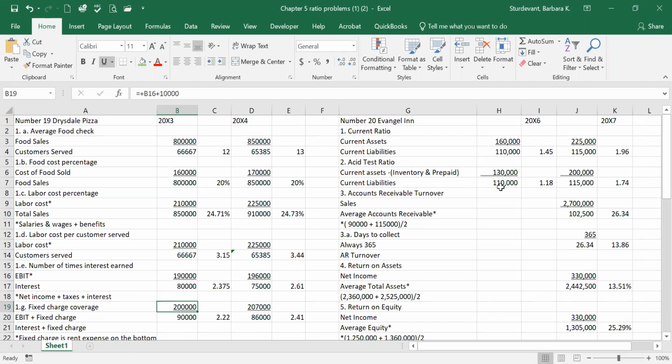So in this case for X6, you would be adding the cash of 20, marketable securities of 20, accounts receivable of 90. So that's where the 130 comes from. So this is a pretty good position. They have over $1 to pay for every dollar. So quick cash, they know they can convert this stuff to quick cash.